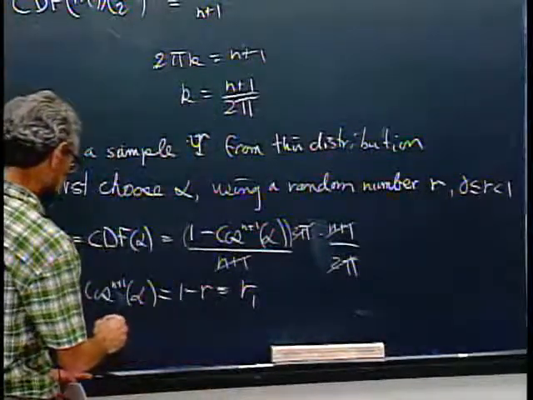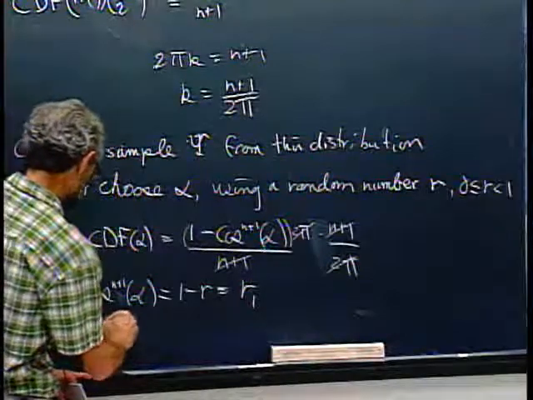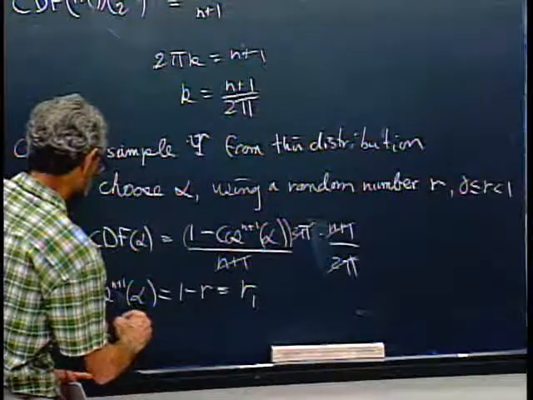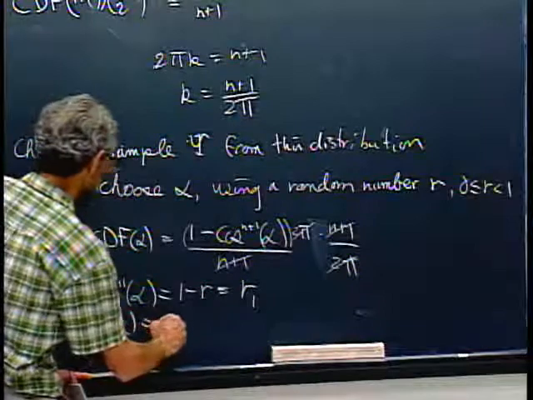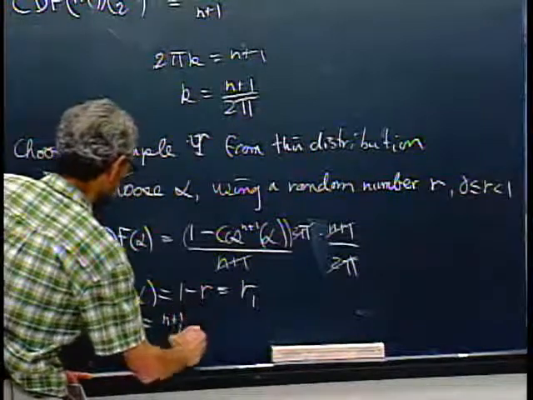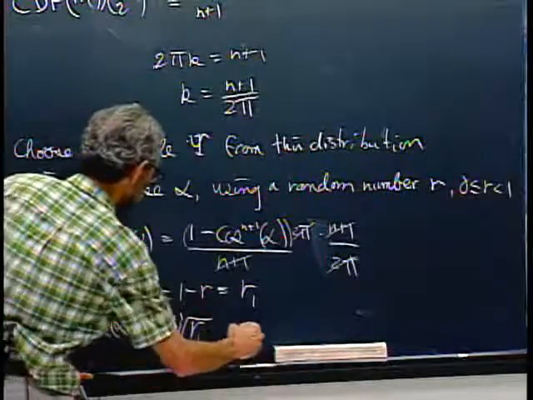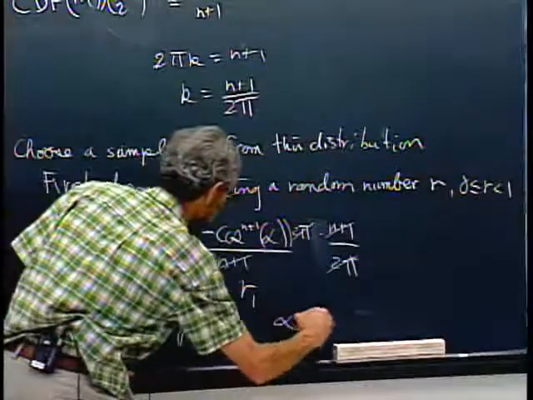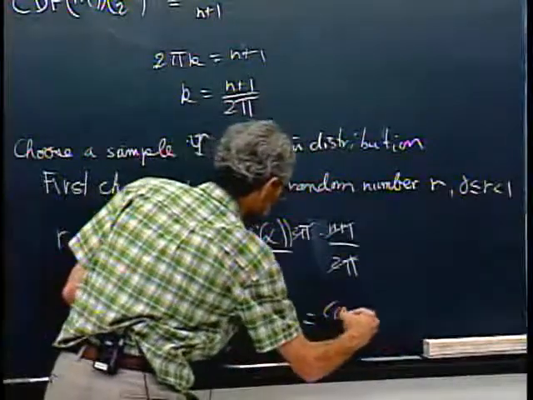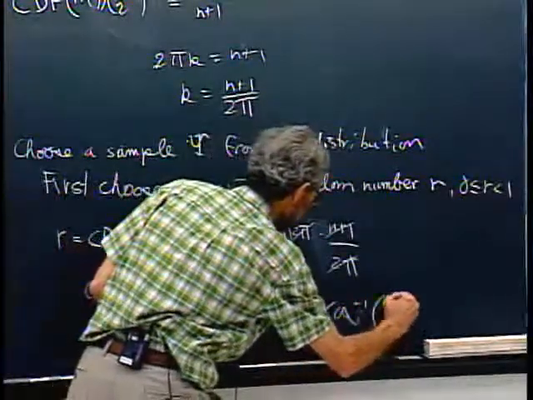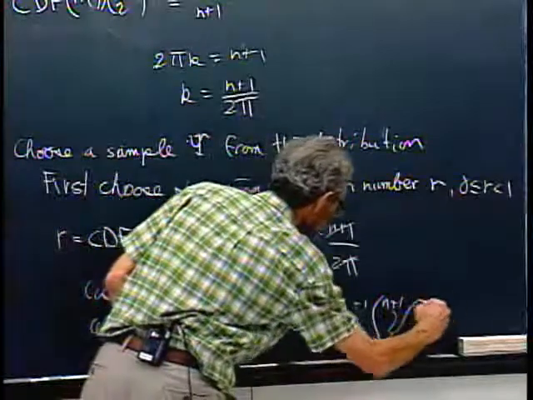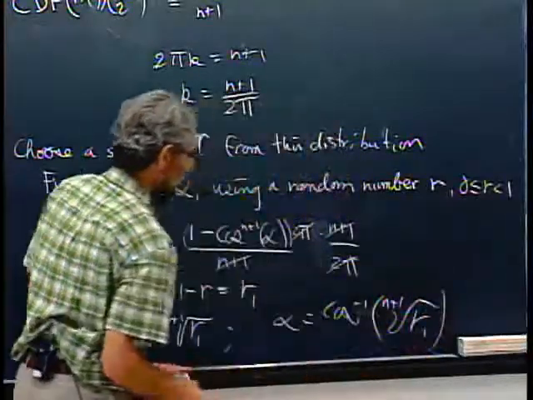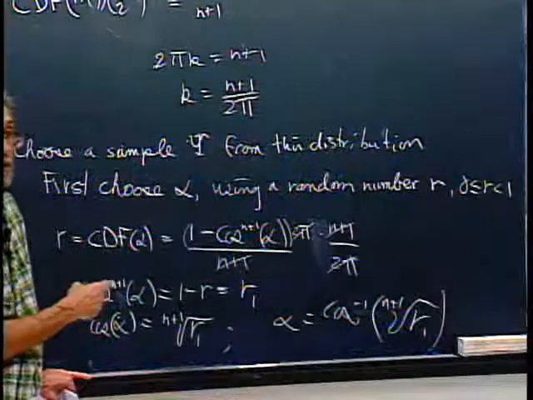So that means that cosine alpha, if I take the n plus first root of both sides, is the n plus first root of r1. And that means alpha is cosine inverse of the n plus first root of r1. So last time when we were doing diffuse, we had just the square root.